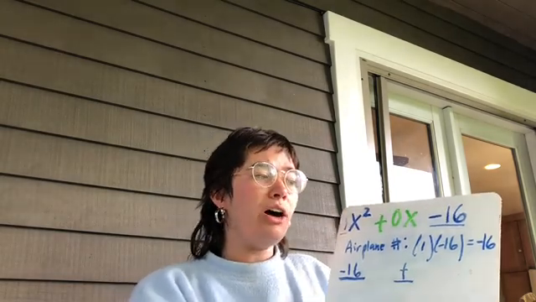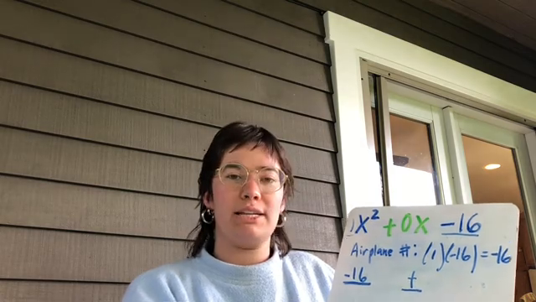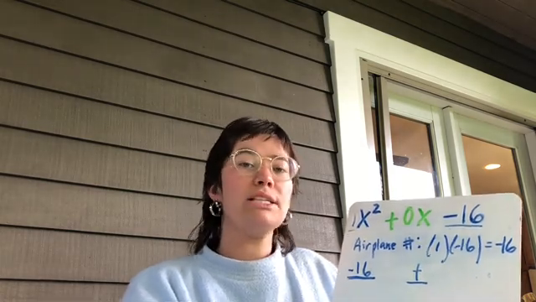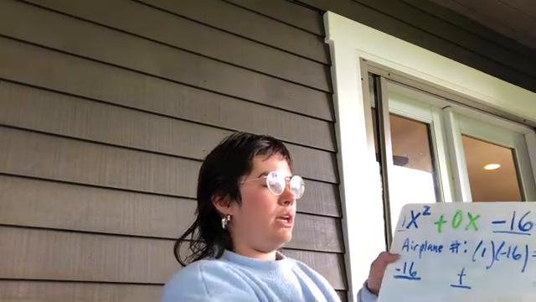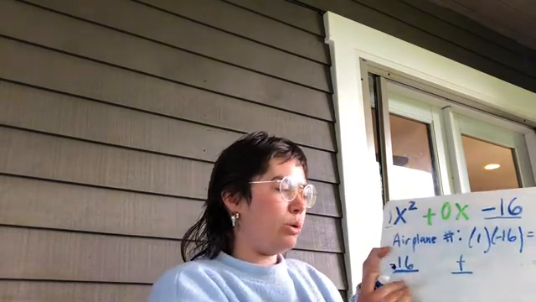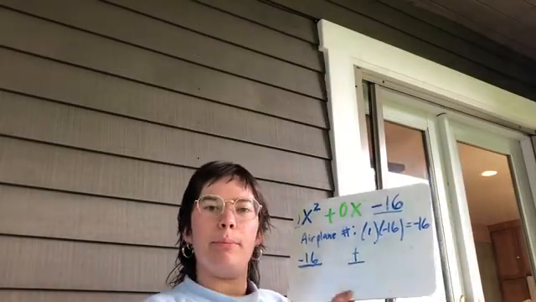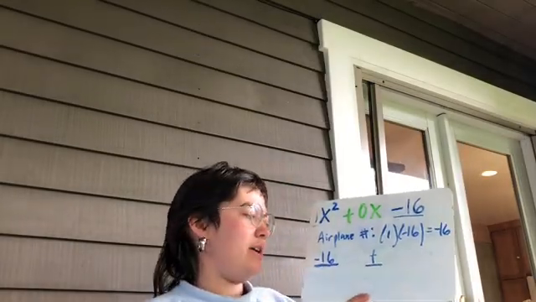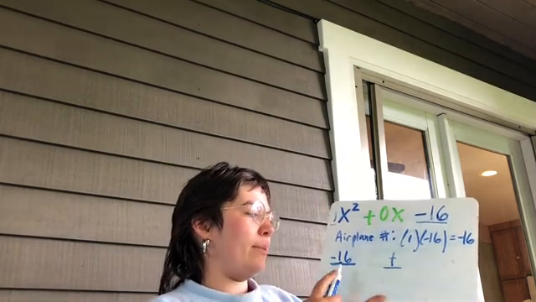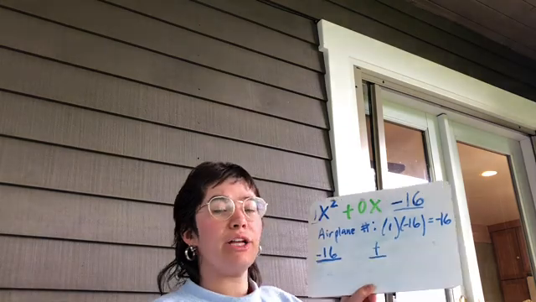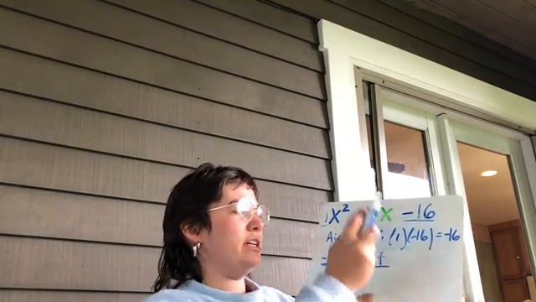There's only a few things that add to 0 that also multiply to 16. And they're always going to be inverses of one another. So here, when I think of two numbers that multiply to 16, just like I would with my normal polynomials that we've been factoring, I have to find two numbers that are factors of negative 16 and add to 0.